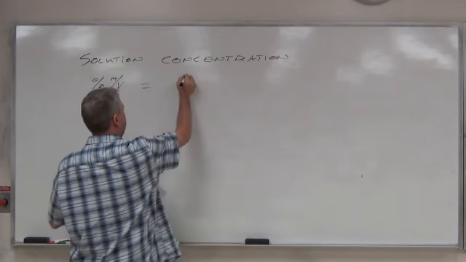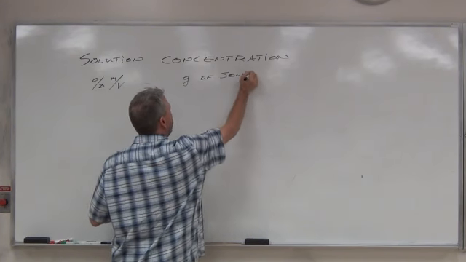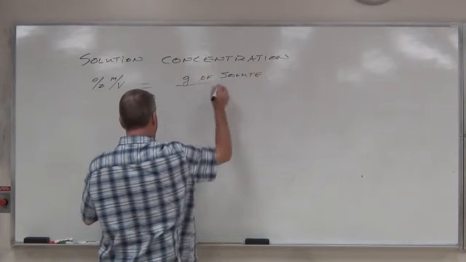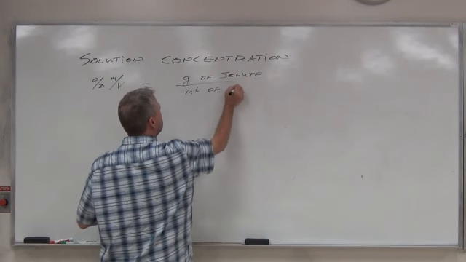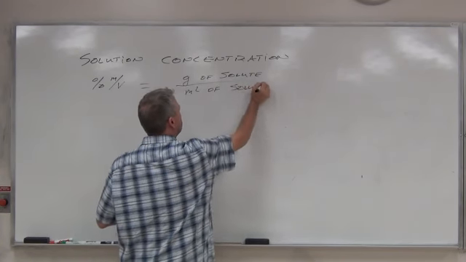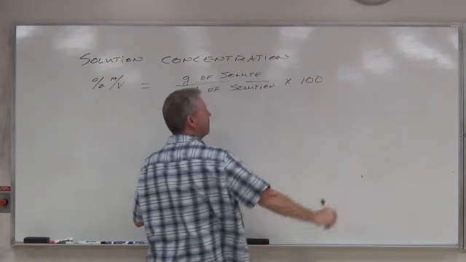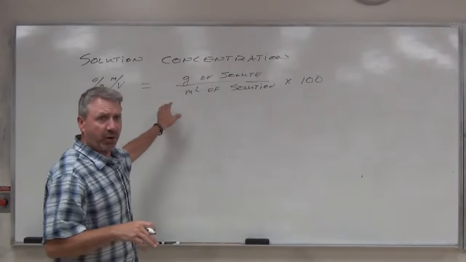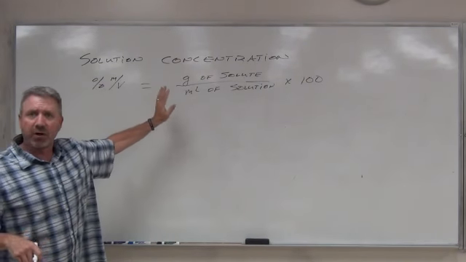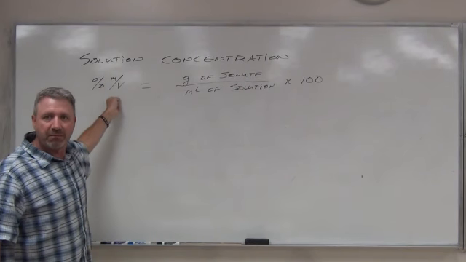This is going to equal grams of solute over milliliters of solution, times 100. We also refer to this as parts per hundred. All right, parts per hundred, but we generally don't call it that. We call it percent mass volume.